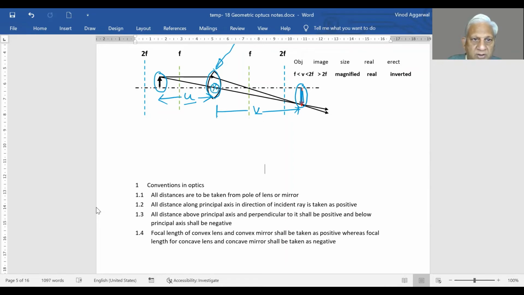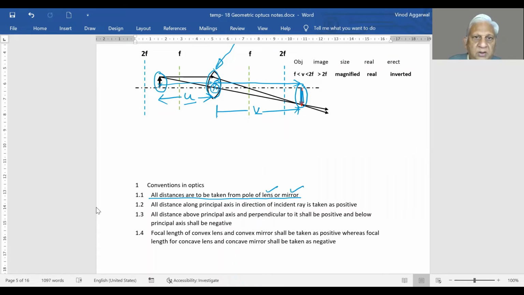If you're talking about object distance, position of object from pole. Similarly, image, if image is formed here, distance from pole to image. So all distances are to be taken from pole of the lens. We're first talking about lens. If it is a mirror, it is case of mirror.